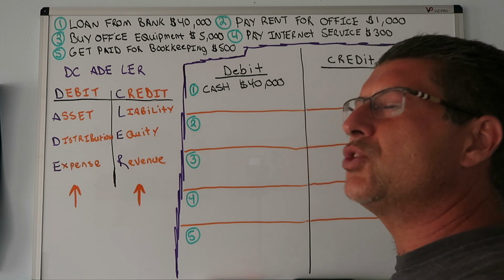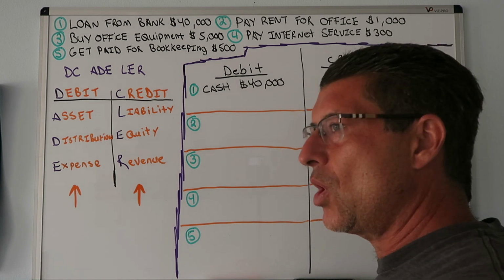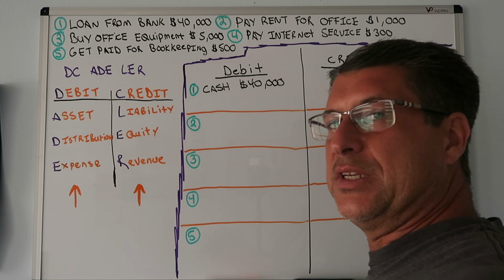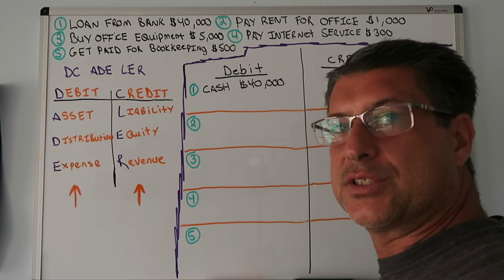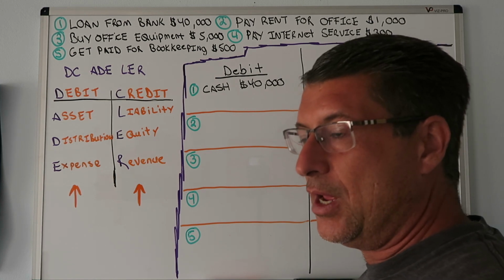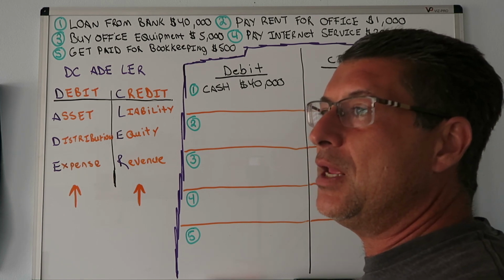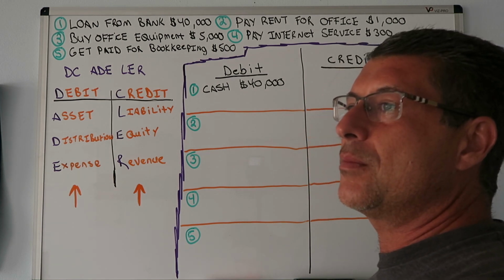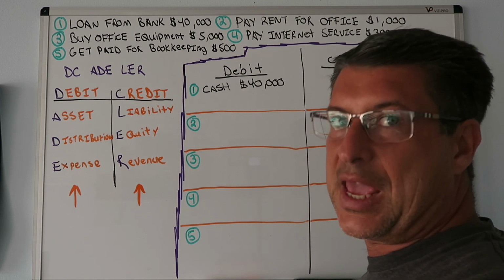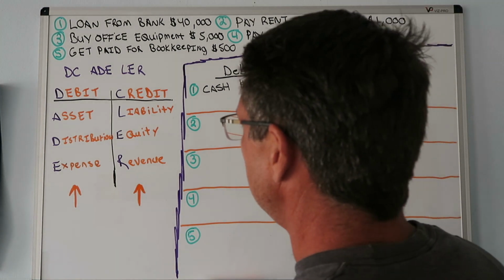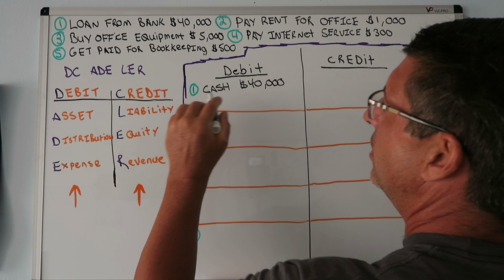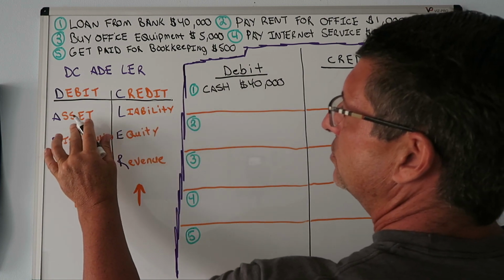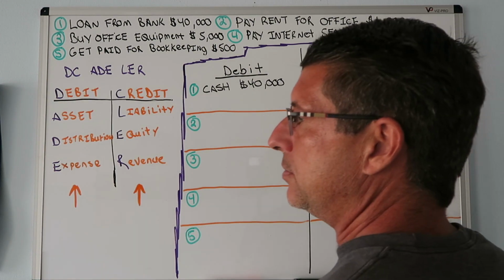If a bank's loaning us money, are we increasing our money or decreasing our money? We're increasing our money, and we know that money is an asset. Cash is an asset.